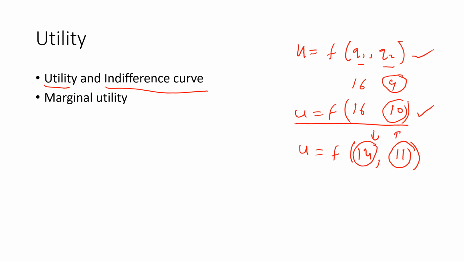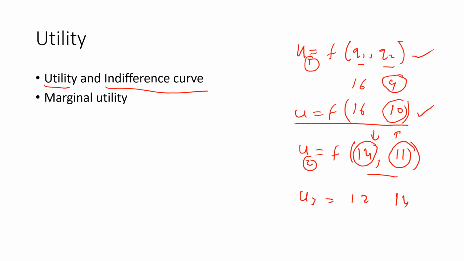Now there is a possibility that this new bundle gives us the same satisfaction. We had the initial bundle U1 and the second bundle U2, so the second bundle has the same utility. Similarly, we can have a third bundle which gives us, let's say, 12 pizzas and 14 burritos, and that may also give us the same utility.